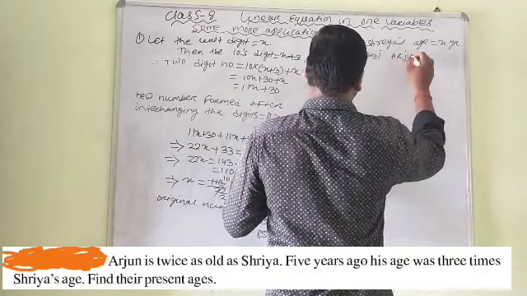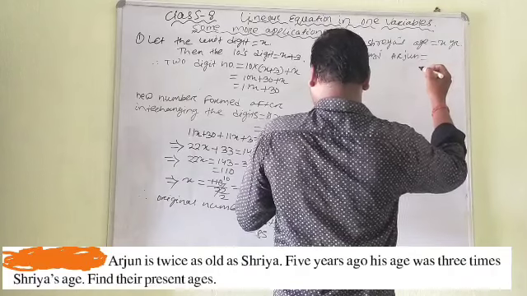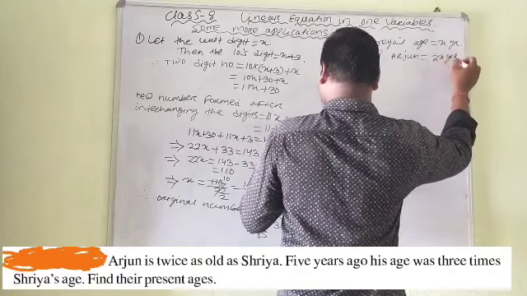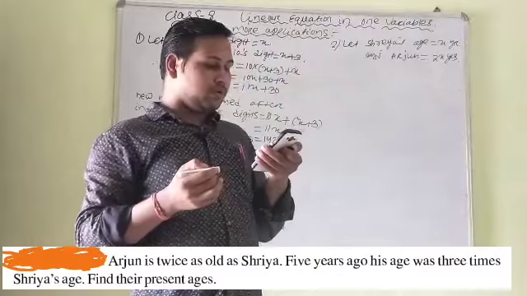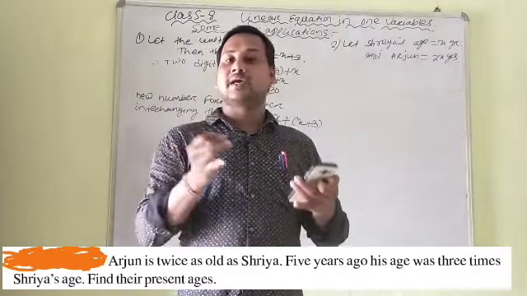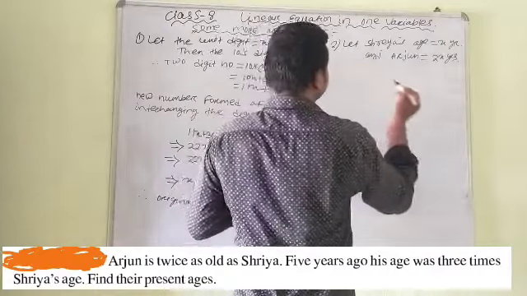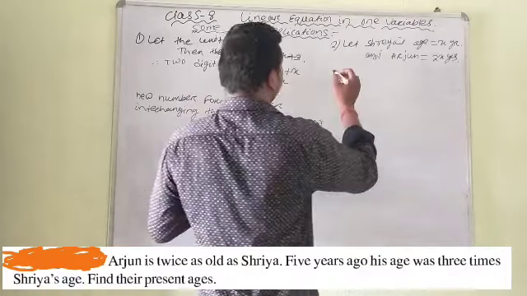and Arjun's age is equal to twice of Shreya, so it is 2x years. Okay, and it's given 5 years ago. Okay, 5 years ago their age will be 5 subtracted from x to get the Shreya's age 5 years ago.